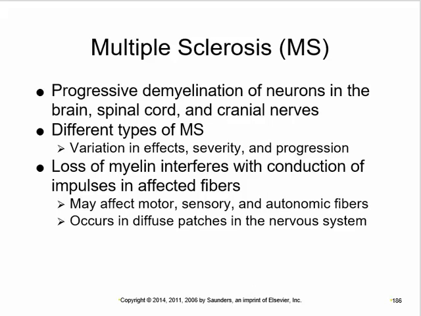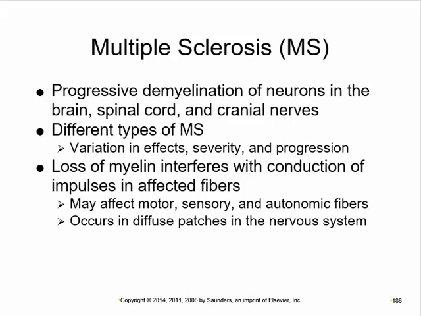But what happens is, because the myelin is lost, the conduction of the action potentials in those nerve fibers is altered. So if the nerve fibers are motor, then it's altered in motor.